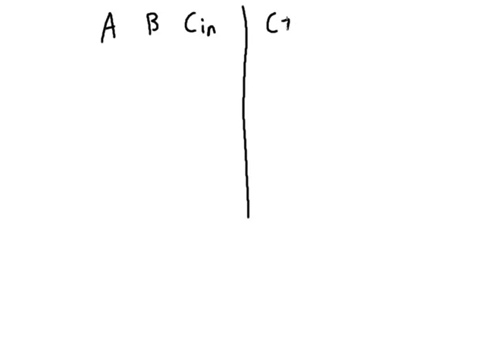I'm going to have carry, so let's just call it C out, carry out. And I'm going to have my sum bit. So I've got my 3 inputs. I'm looking at all my possible combinations of 3 bits.